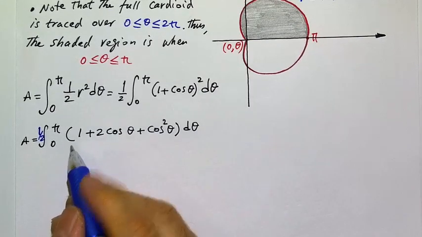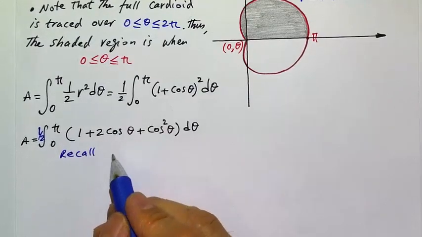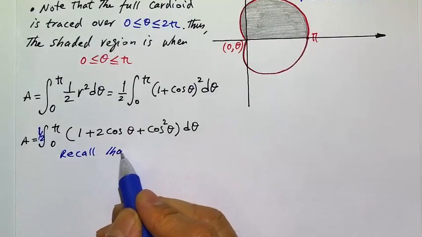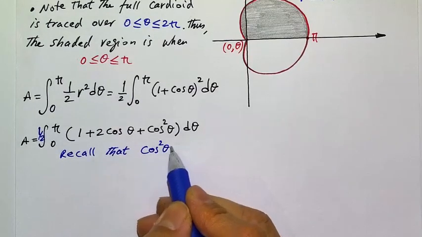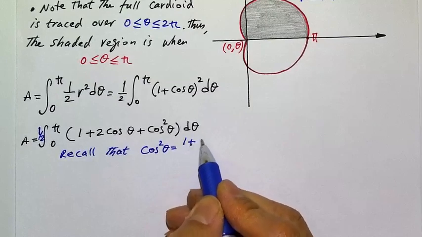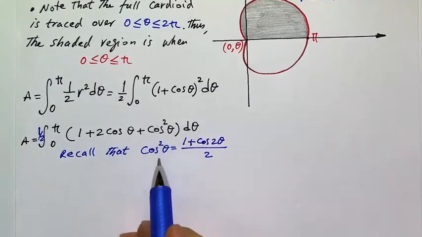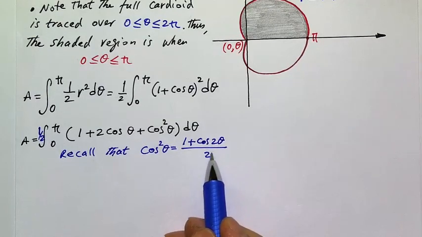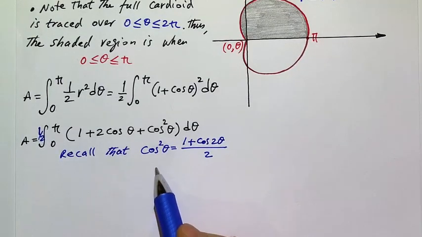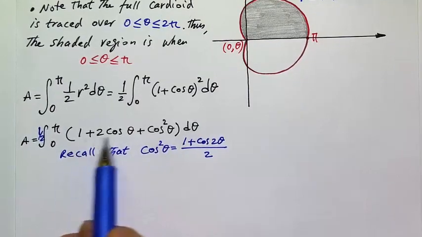I know you remember this, but I'll write it for the sake of your notes anyway, so that you have this on the paper. Recall that cosine squared theta is 1 plus cosine 2 theta over 2. And if this is sine squared theta, we're just going to have 1 minus cosine 2 theta over 2, right, for sine squared theta. So we're going to substitute, because these two terms are easy to integrate.